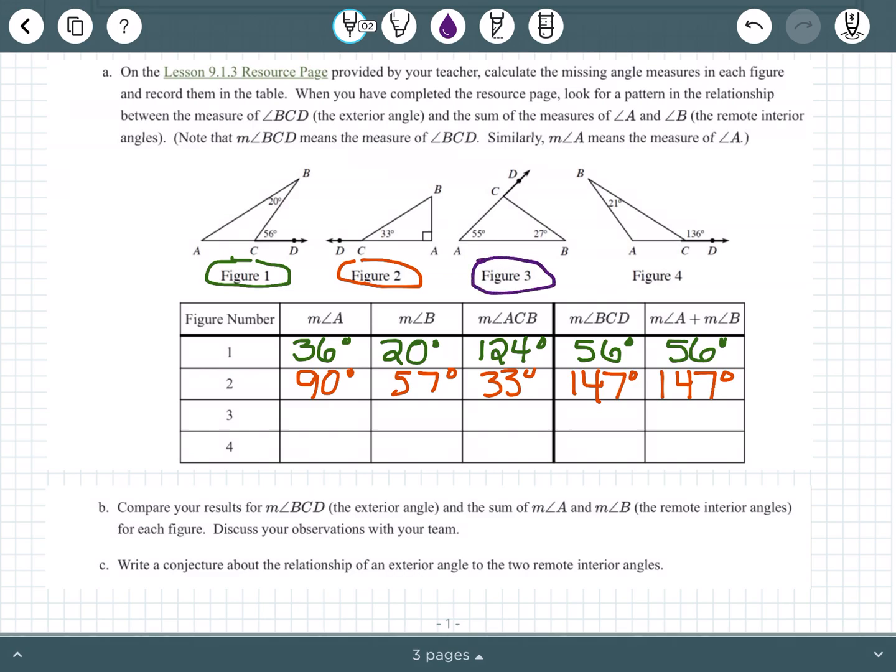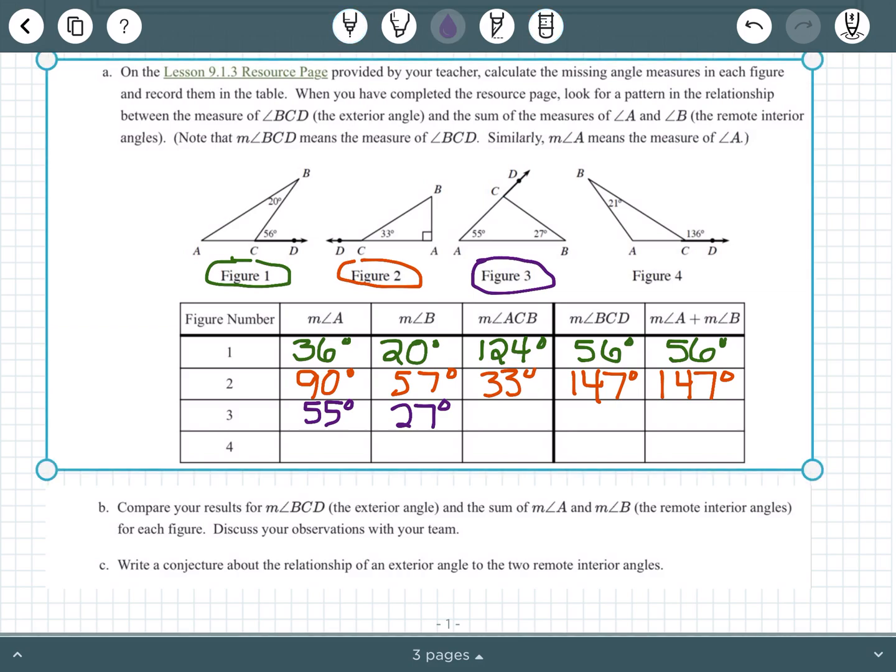Okay, figure 3, we're looking for the measure of angle A. Right here, gives it to us, that's 55 degrees. The measure of angle B is also given to us right here, that is 27 degrees. Now, we need to find the measure of angle ACB.